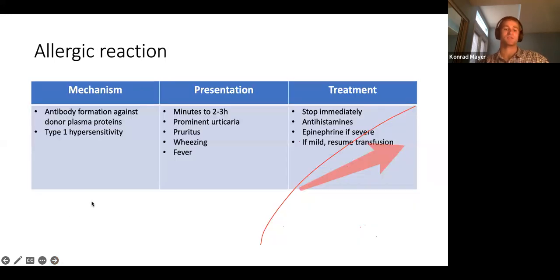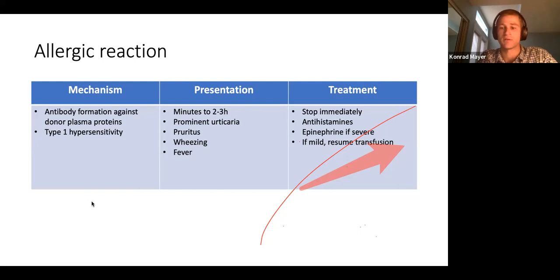Okay, allergic reaction. Allergic reactions are always, in this case, type 1 hypersensitivity. There's antibody formation against the donor plasma proteins, and the presentation can vary from minutes to hours. Prominent symptoms are urticaria, pruritus, so itching, wheezing, and fever.